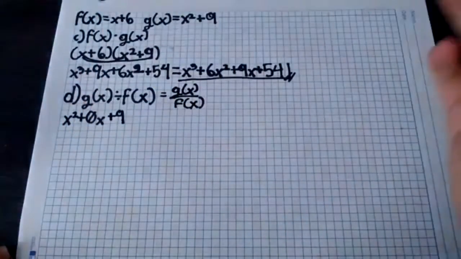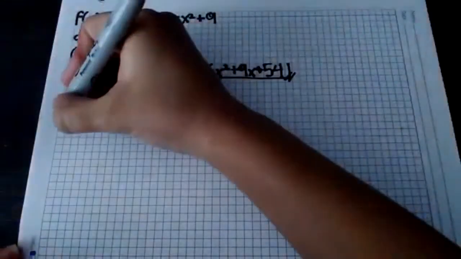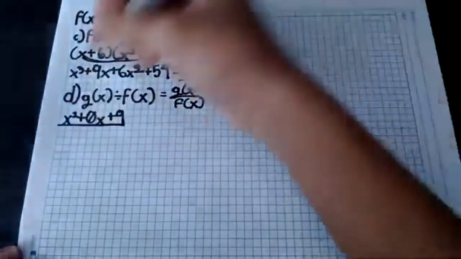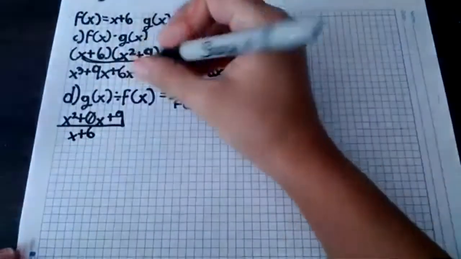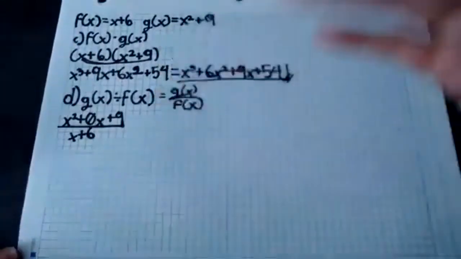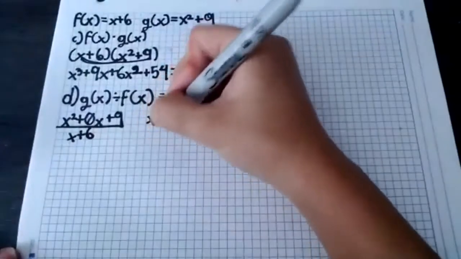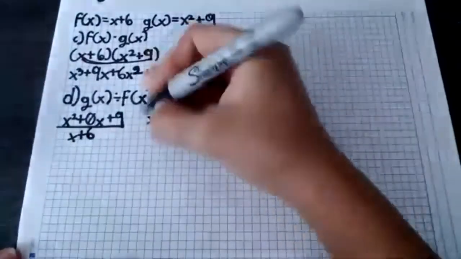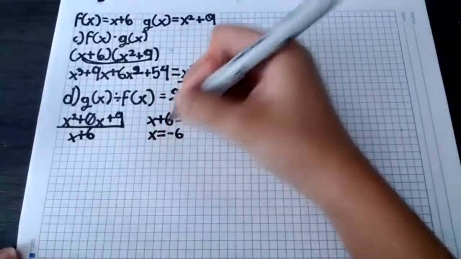We add the 0x because it's necessary to do the operation. And then it will be divided by x plus 6. Now, to see by which we're going to divide it, here we have the x plus 6, and we just pass the 6 to the other side, which will be x minus 6.